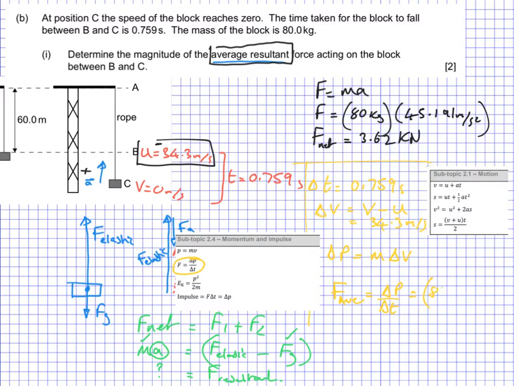The m is 80 kilograms, and the delta v is 34.3 meters per second, divided by the change in time, which is 0.759 seconds. So, surprise, surprise, my average force is, if you plug that in, you get 3.62 kilonewtons, which is the same as the other method of doing this.